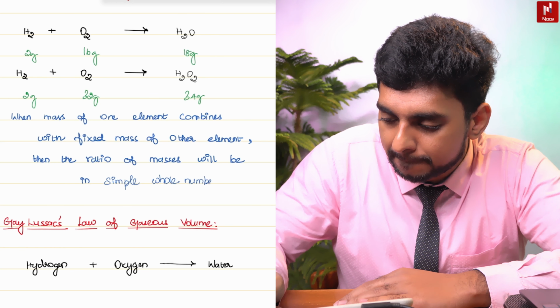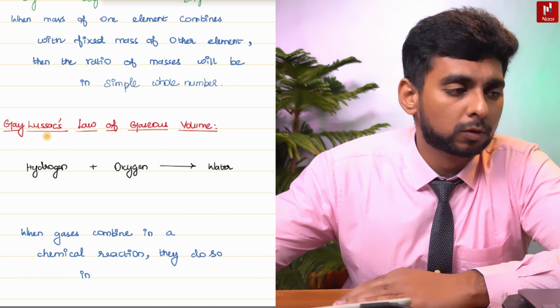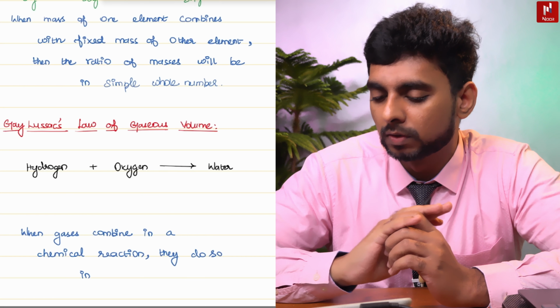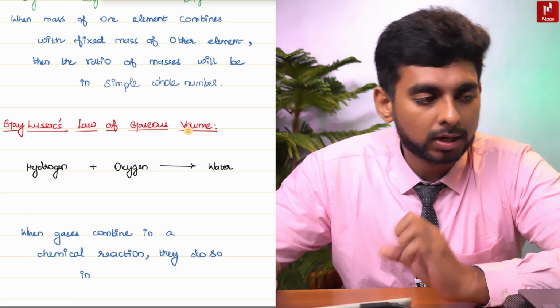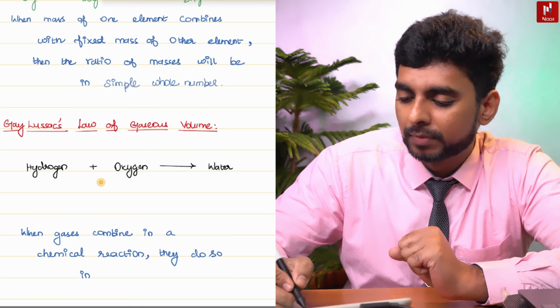Then you have got Gay-Lussac's law, which is with respect to gases and the volume of the gas. Got it? So here I've got Gay-Lussac's law. Here what I'm going to take is hydrogen and oxygen.